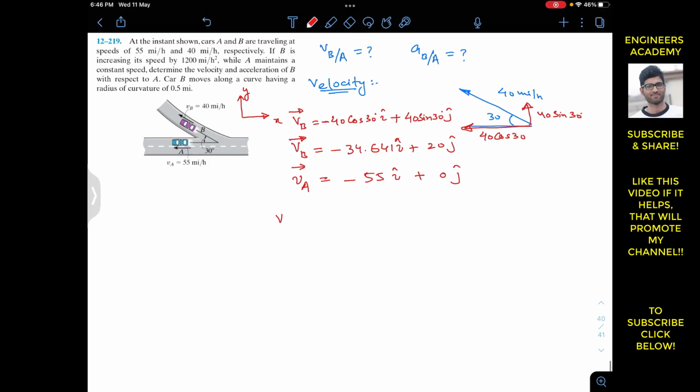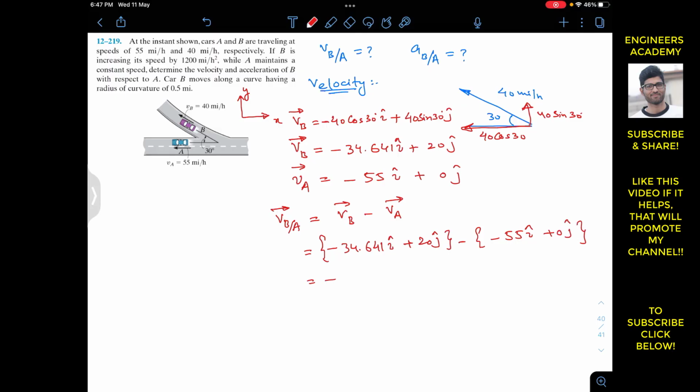And now we know that the VBA vector is always equal to VB minus VA. Now VB is minus 34.641 i plus 20j, minus VA, which is minus 55 i plus 0j.